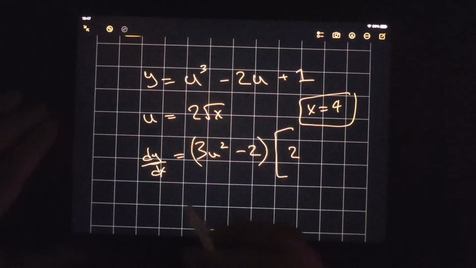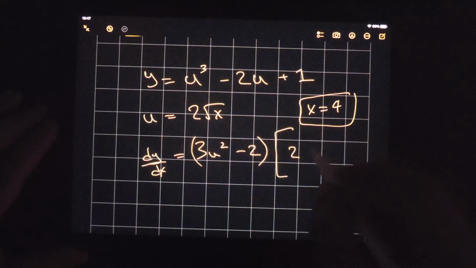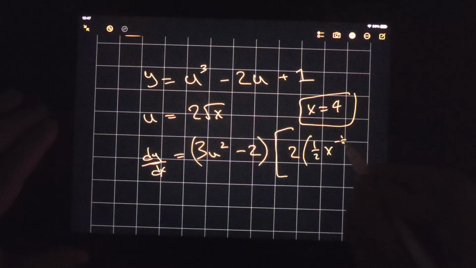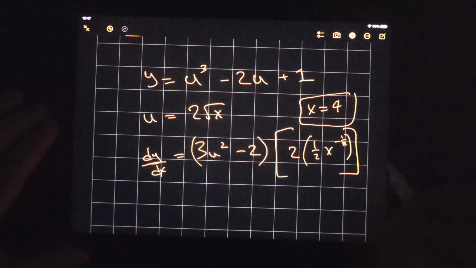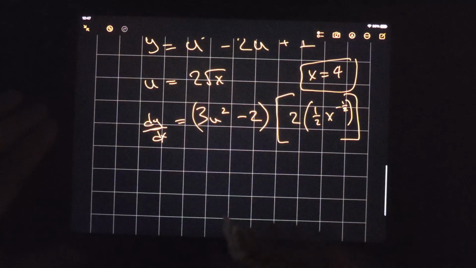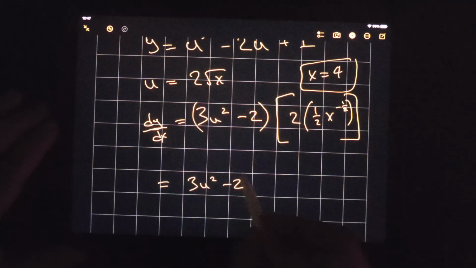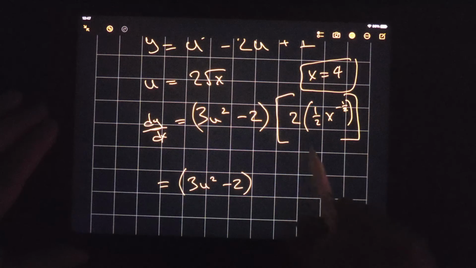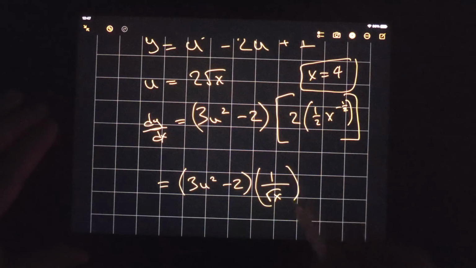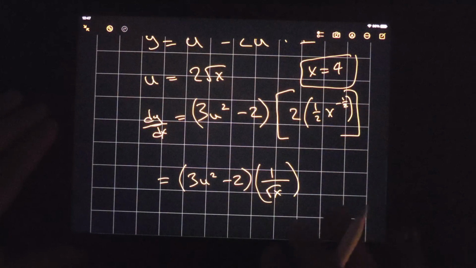So square root is always to the power of half, so 1 over 2 x to the power of negative 1 over 2. So I guess the 1 over 2 and 2 will cancel, so I'm just left with 1 over root x, and then I wanted to find it at 4.